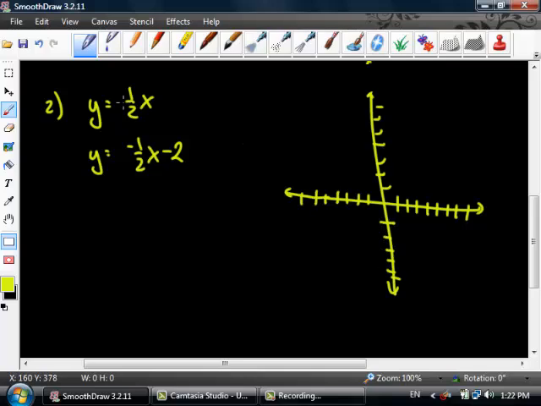Okay, the top graph has a y-intercept of 0, 0, so it'll go up 1 to the right 2. Do we agree? Bottom one, down 2, and then down 1 to the right 2.